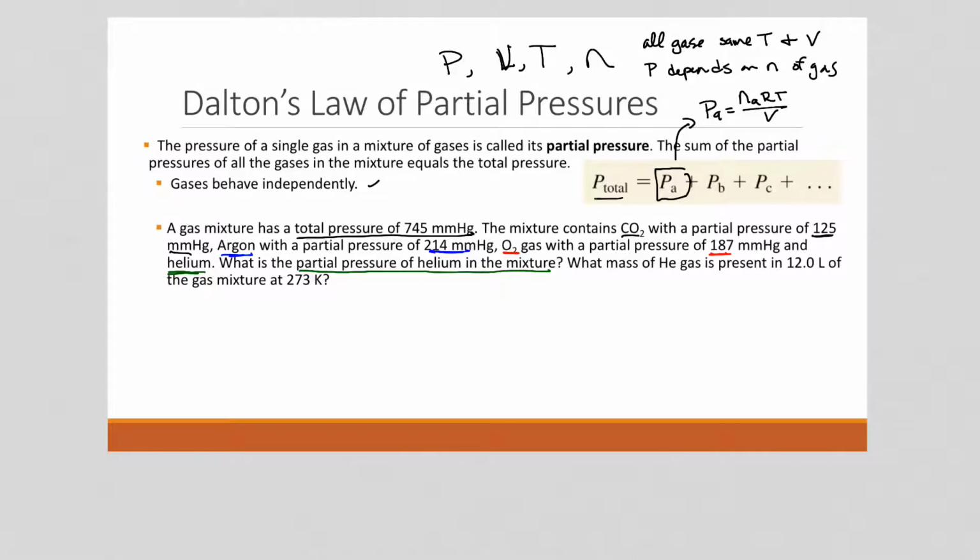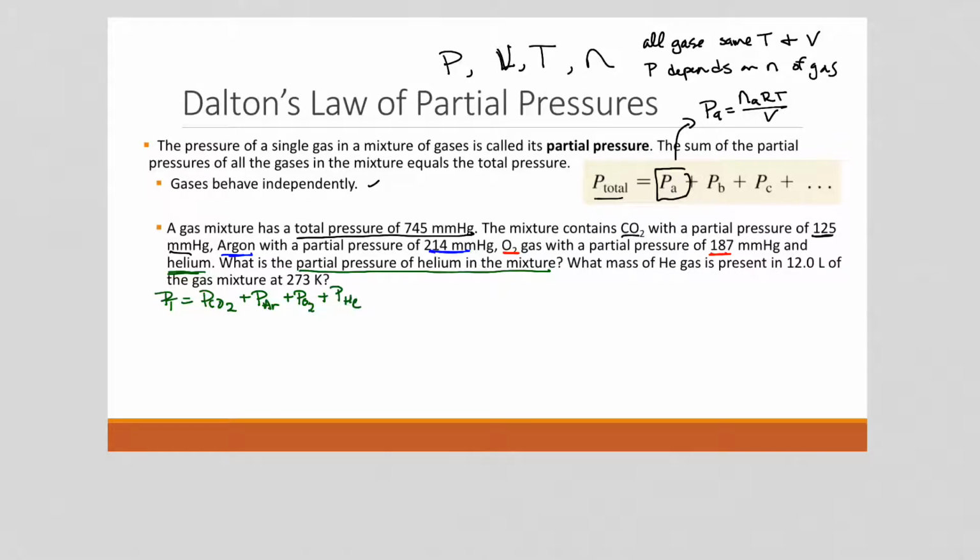So, first of all, we can know that the total pressure is going to be equal to the pressure of CO2 plus the pressure of argon plus the pressure of O2 plus the pressure of helium.